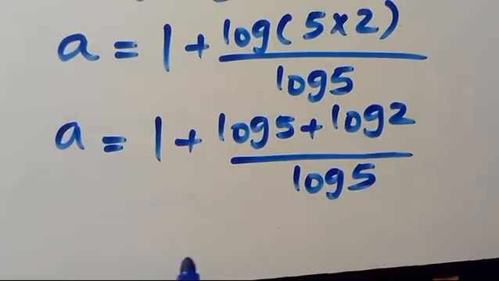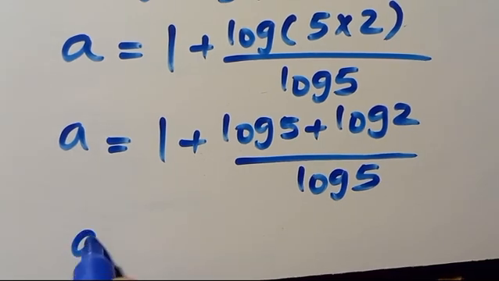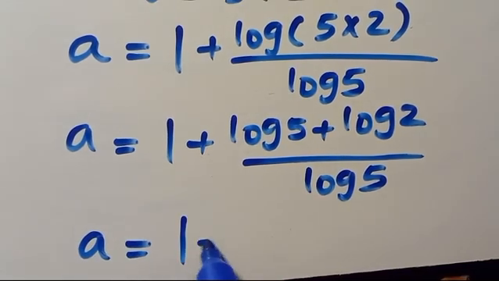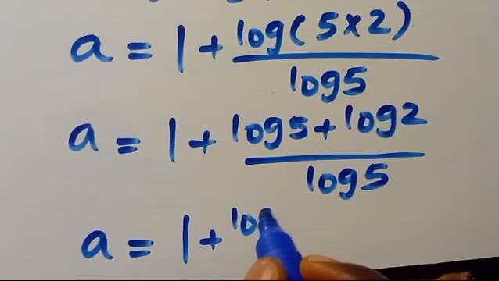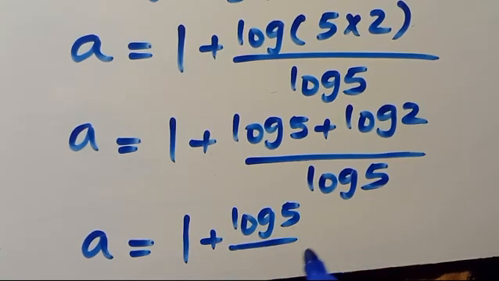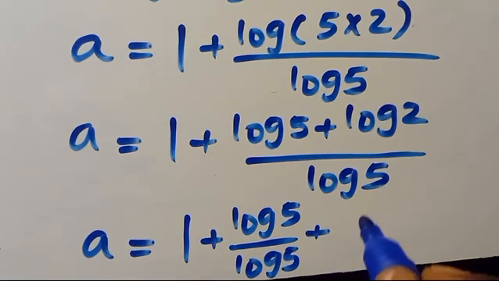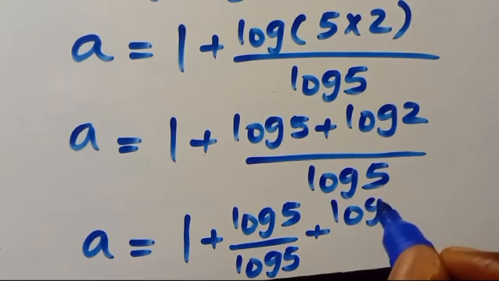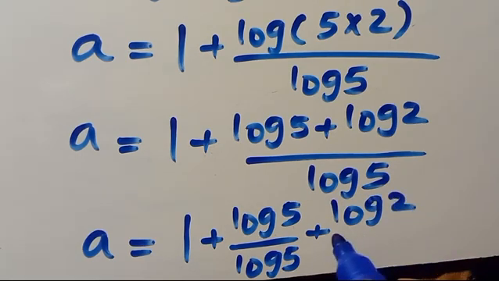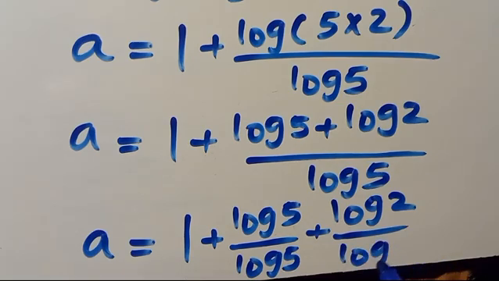So from here, dividing this, we have a equals 1 plus log 5 over log 5, plus log 2 over log 5.